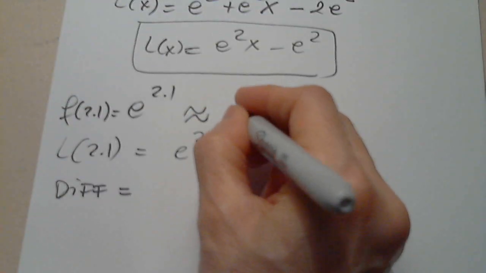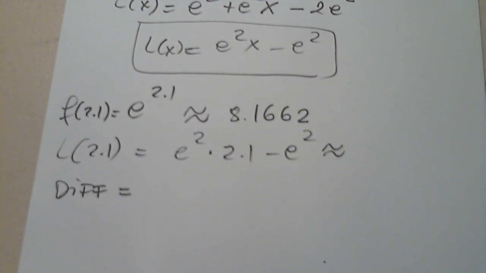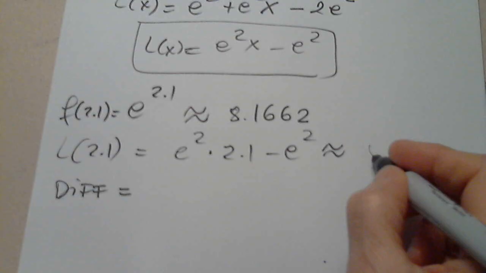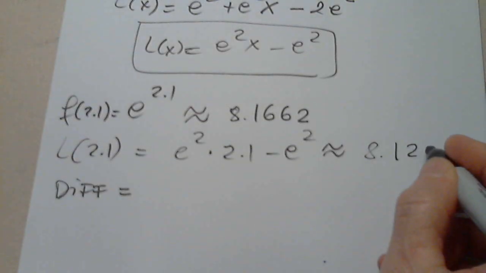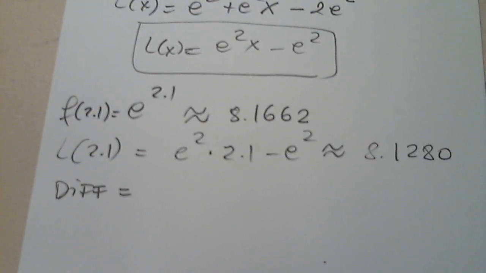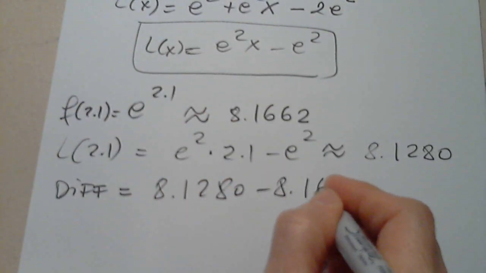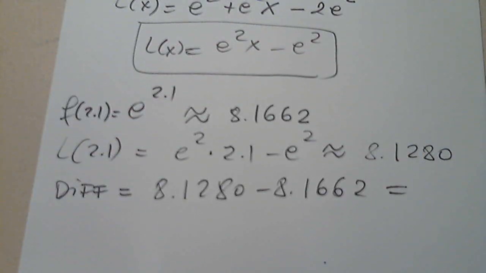The first one is 8.1662 and the other one is 8.1280. And now subtract 8.1280 minus 8.1662 and you get the difference.